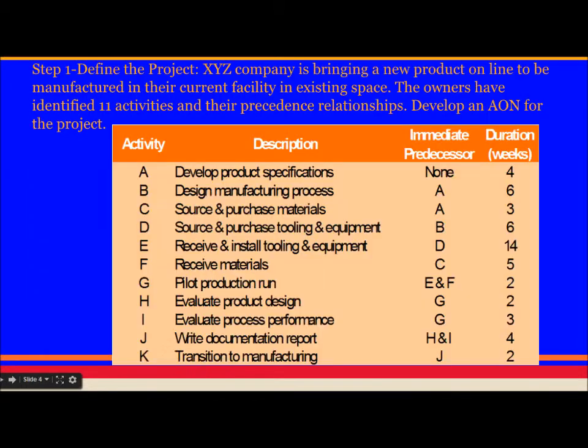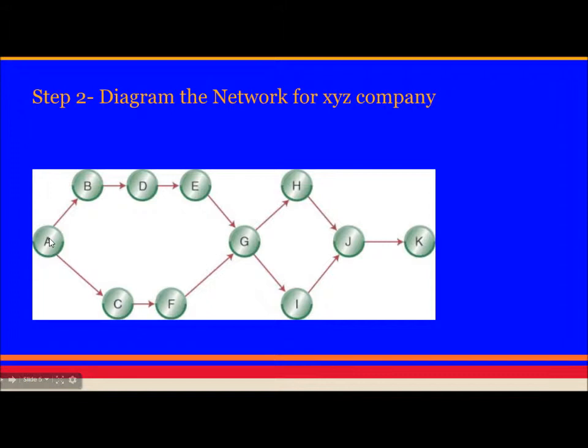It has to start with activity A. Then design the manufacturing process, which says that A must be completed, then only B can take place. For C also, A must be completed before C can take place. So after A, in parallel, B and C can start.